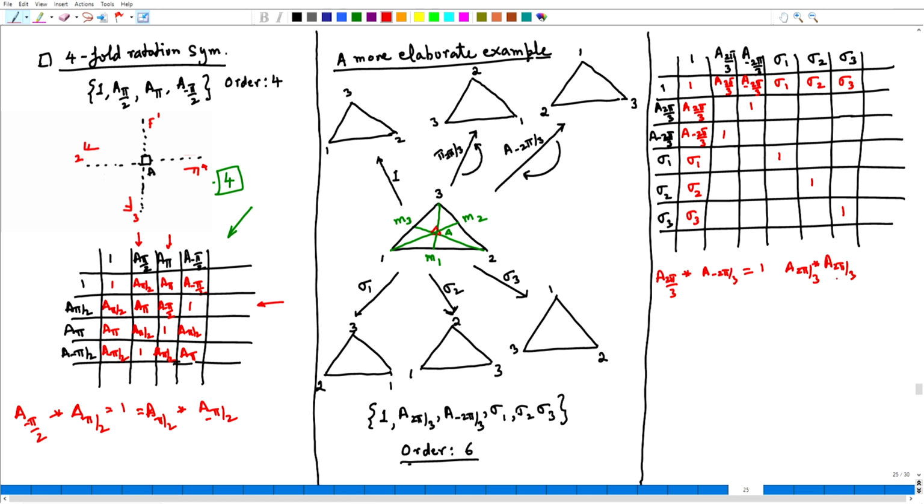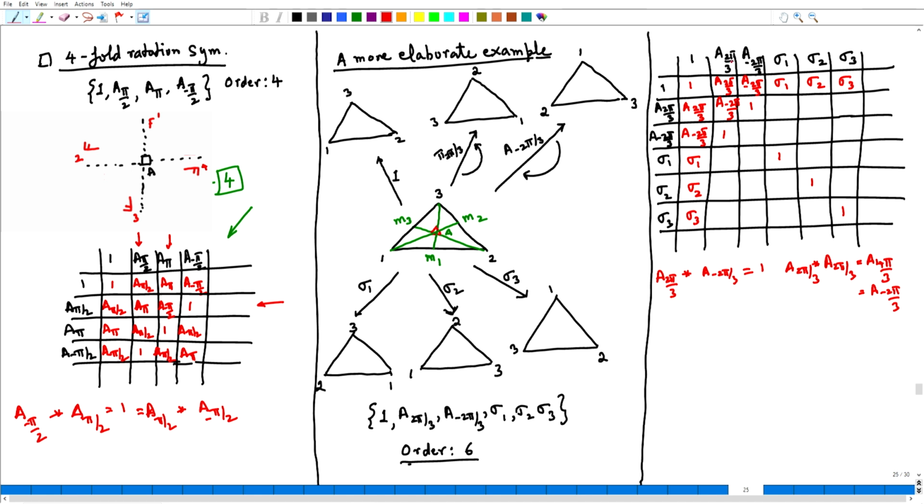What would be the result of this? 120 degree rotation and another 120 degree rotation, which is nothing but basically 4 pi upon 3, and which as we have seen is a 240 degree rotation counterclockwise, or it is simply a minus 2 pi by 3, 120 degree rotation clockwise. Hence, this would be a minus 2 pi by 3. Let us try to fill some more.